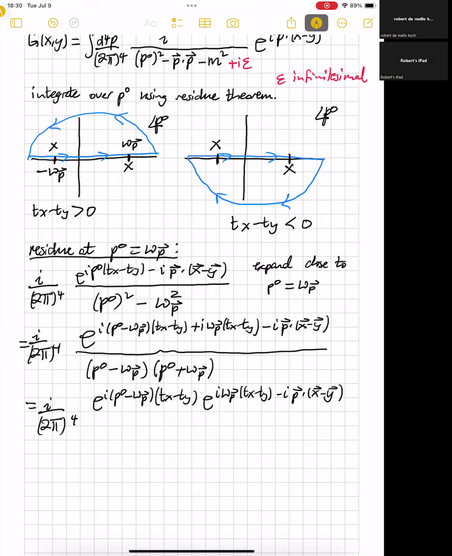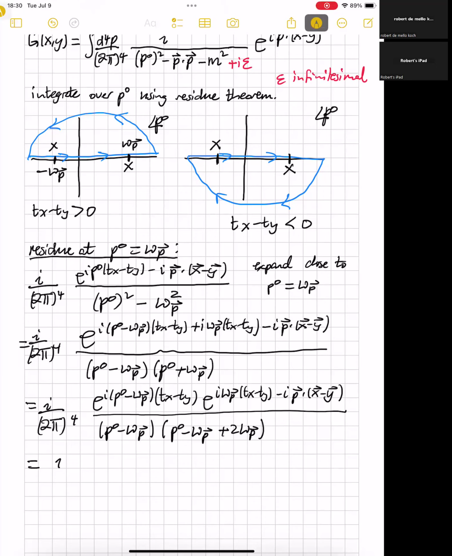That second term that I factored off doesn't depend on P naught at all, so I'm not going to be expanding that at all. And then we've got P naught minus omega P. Then I'm going to write the second term as P naught minus omega P, so that's small, but then I have to add in plus 2 omega P. Good.